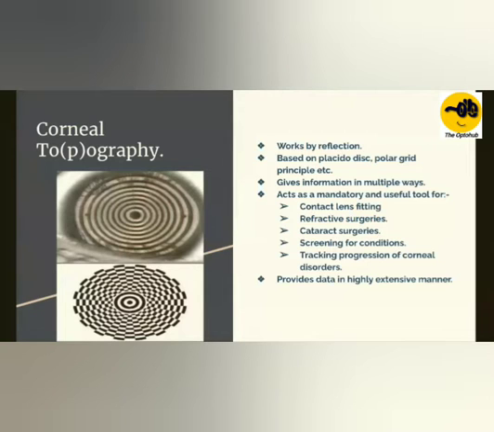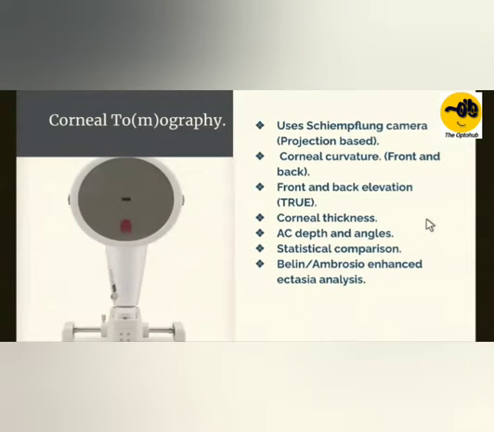So corneal topography in a nutshell has a lot of applications, and we should not just limit it to those applications I listed in the previous slide. It can be used for anything and everything basically.